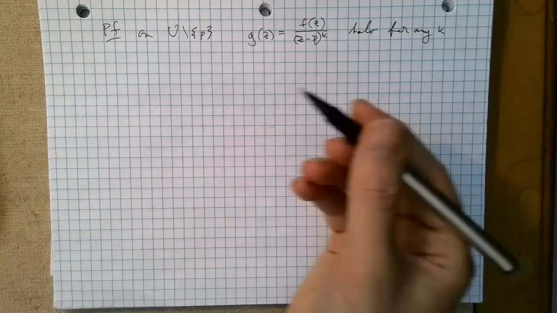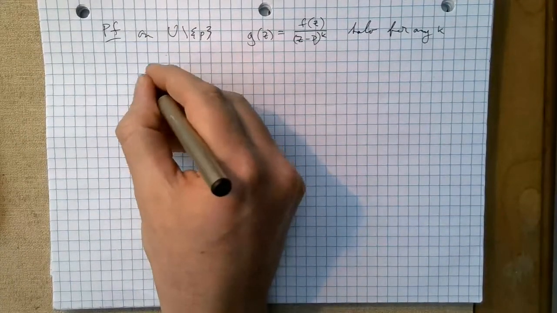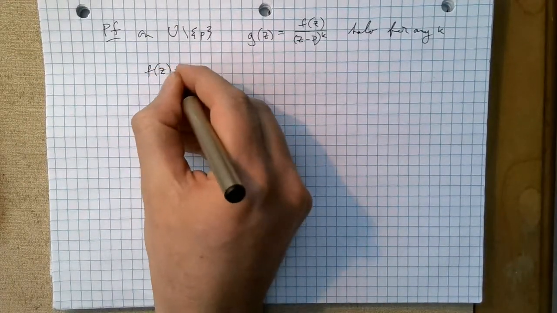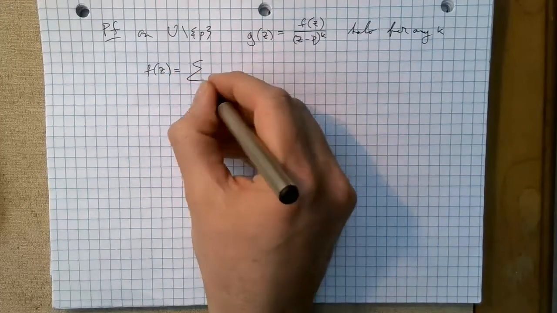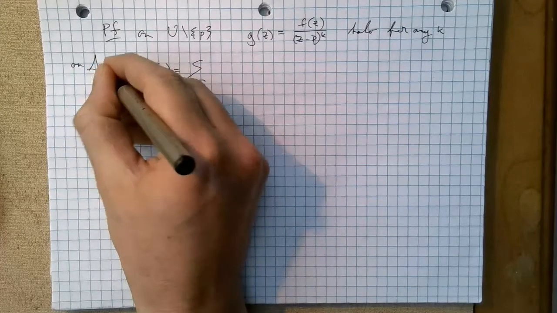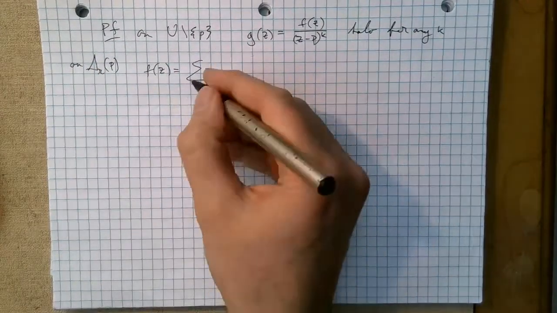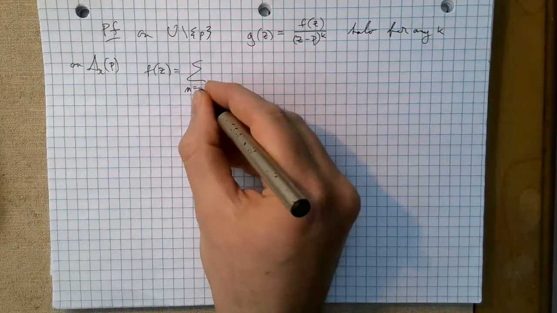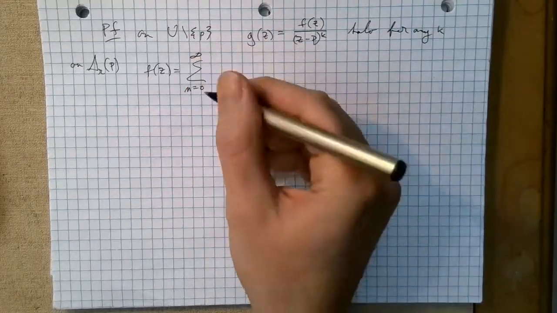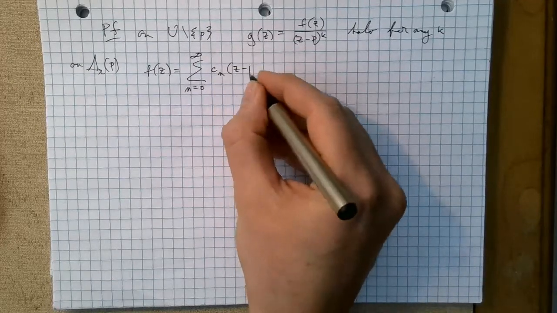So let's expand f at P. On some small disk around P, I have f of z equals the sum of c_n (z minus p) to the n.